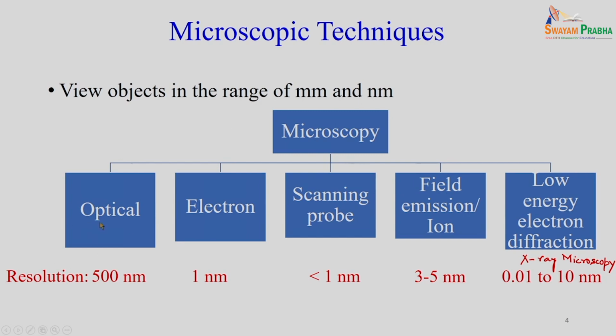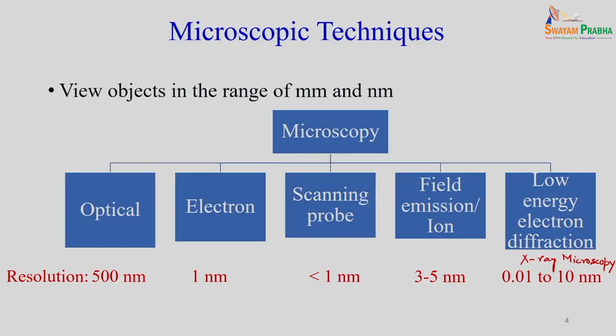Now, depending on the source of light, in case of optical microscopy we are using visible light, in electron microscopy we are using electrons as a source, and scanning probe is basically a piezoelectric method, where we apply a piezoelectric cantilever to scan the surface and in turn it creates the surface image or surface morphology.